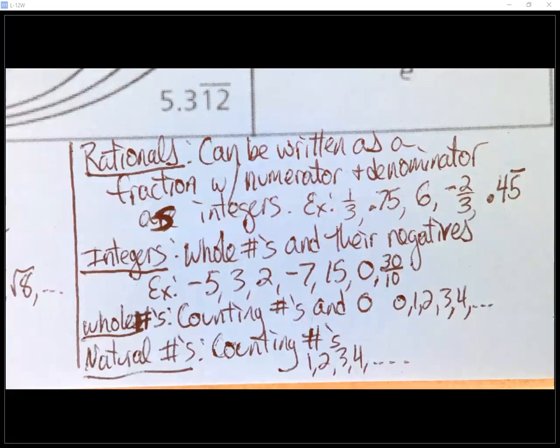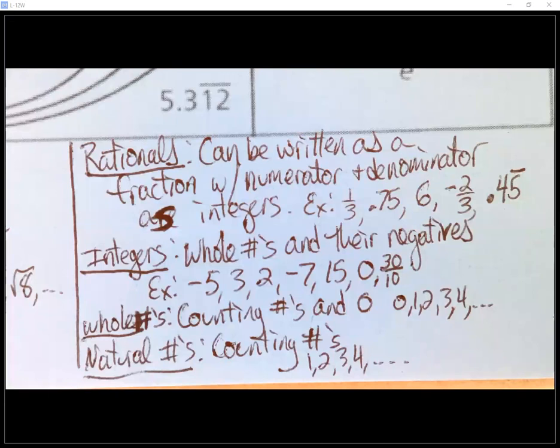Hopefully now. So how about this? I'm going to state a number. You tell me which of these sets of numbers best describes that number. Okay, so it's the most specific grouping. We'll start off easy. How about 10? What is the best descriptor for the number 10?